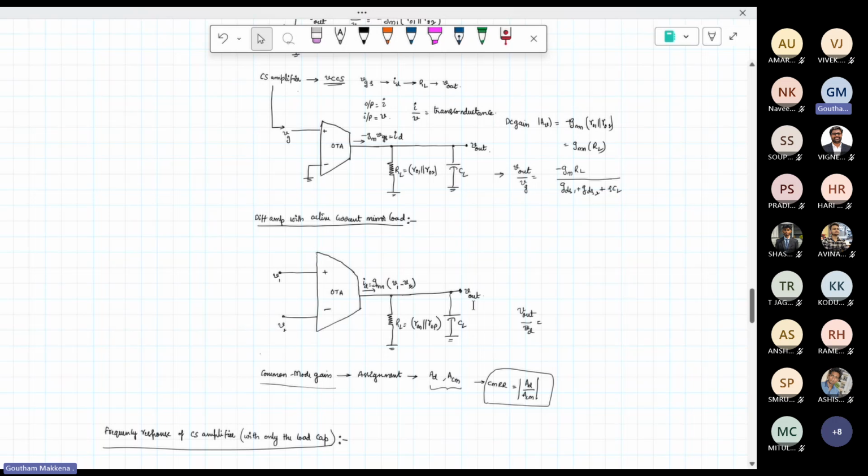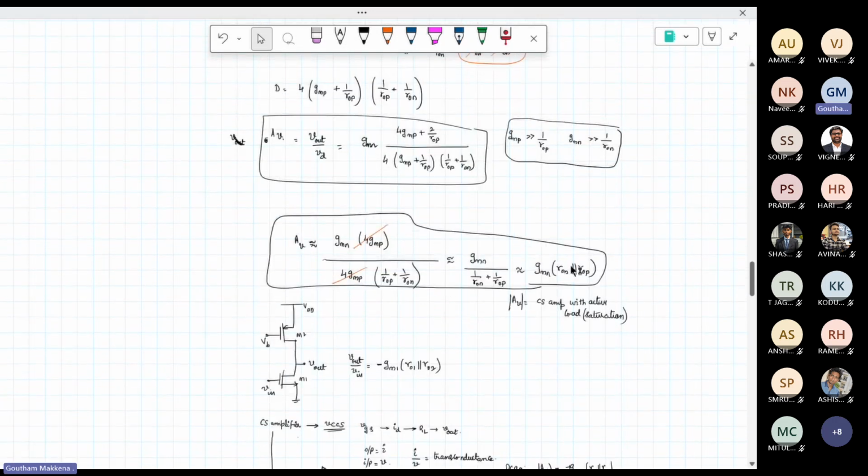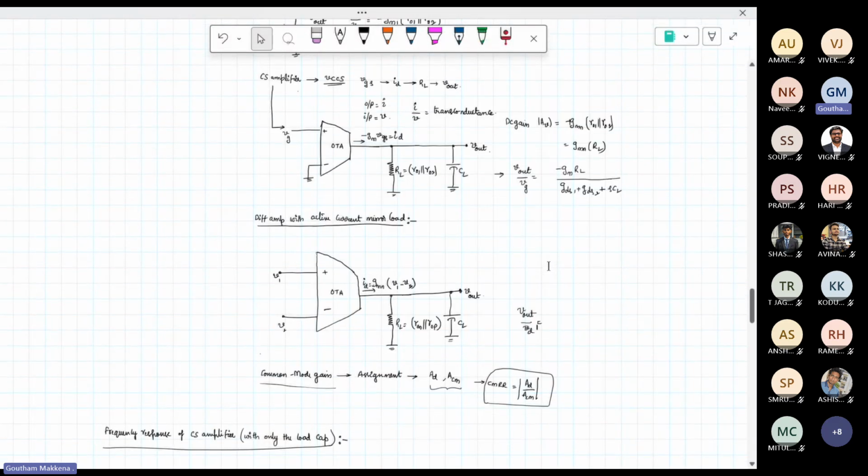Here also DC gain is what? See that what is the DC gain? GMN parallel RON parallel ROP. Okay. So what is the only thing that got added extra? CL. So the only thing that got added extra is CL over here. So will the transfer function be any different or will it be the same?